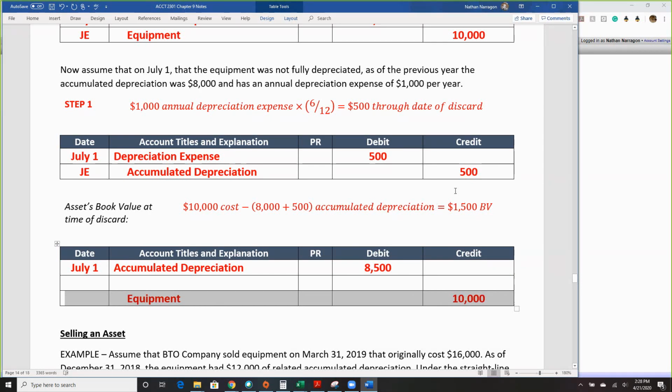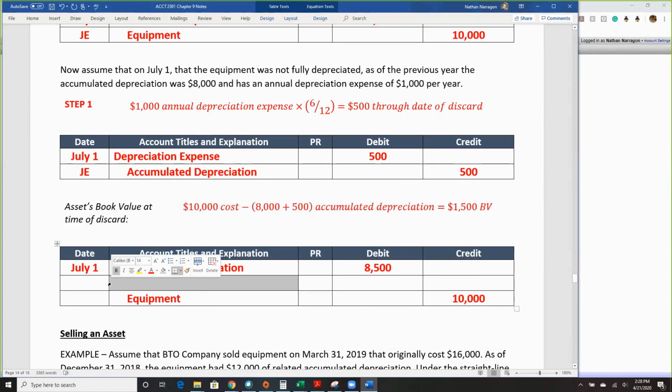Look at this. That's book value. Since we basically sold it for nothing, we lost it all. And this will be called a loss on disposal of $1,500.